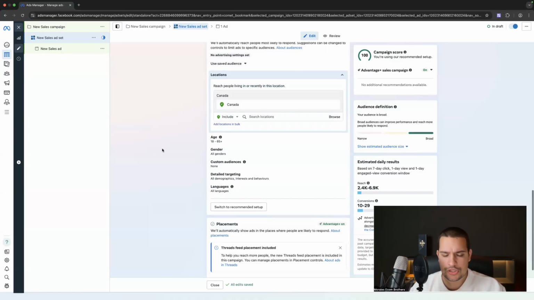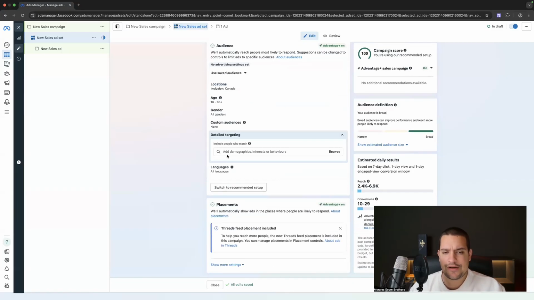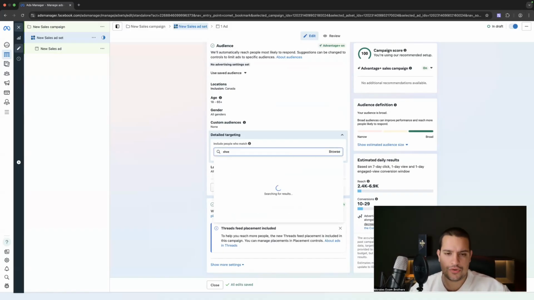Okay. So the first one is fairly simple. As you know, you're going to try to find different interests about your product, and you're going to launch around 5 to 6 interests. And let's say that your first interest is going to be something like shoe.